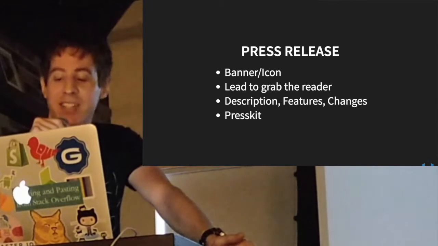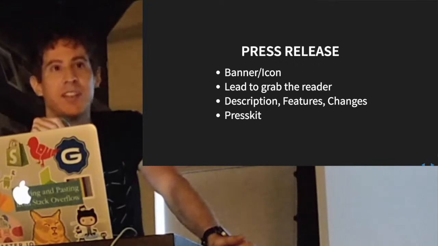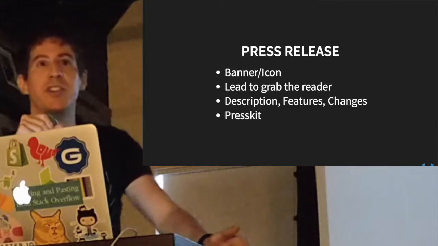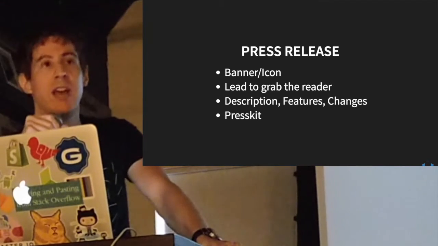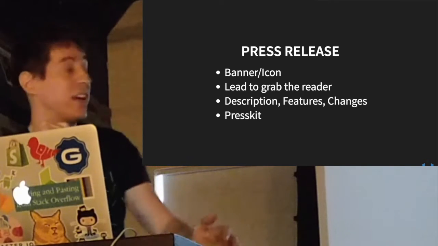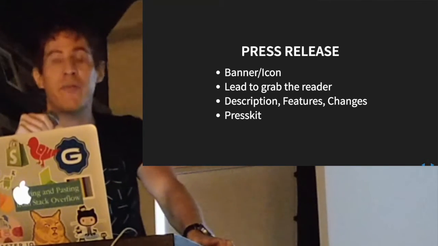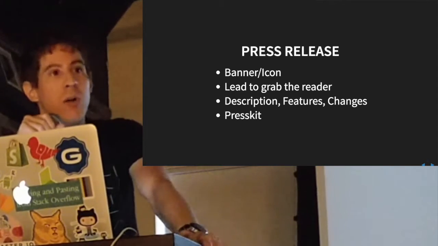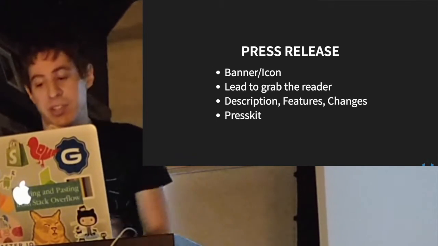Because they need content, right? These sites need content. They're all blogs. Not only are there blogs, there are podcasts, there are YouTube reviewers. If you send them a press release, they will review your stuff. And if you're telling them verbatim what to say in the press release, they'll oftentimes quote you and use the assets you provide them. So you can frame the conversation while they get it, and they'll publish it.